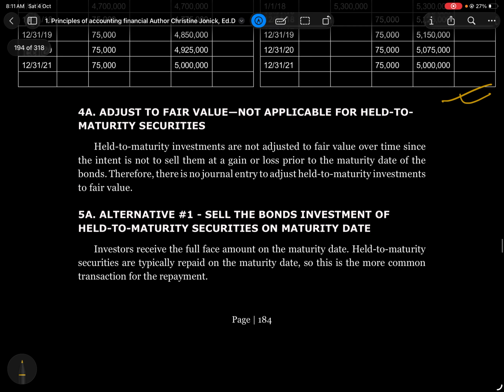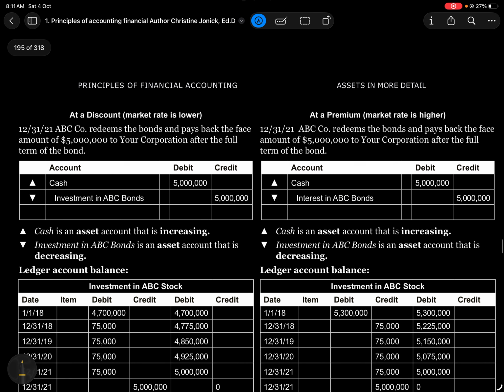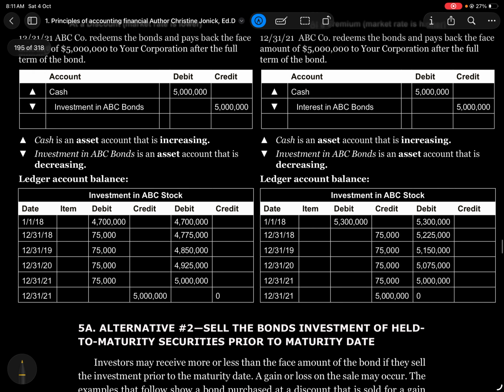So whenever we held any securities till maturity, we normally tend to have all this money coming in, which we might be reinvesting in it as well, right? So there might be different scenarios.